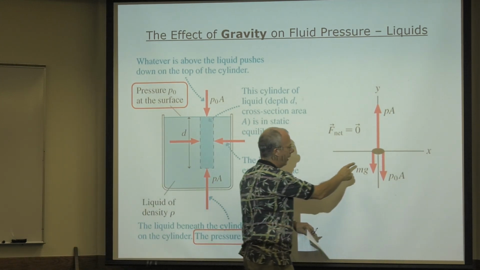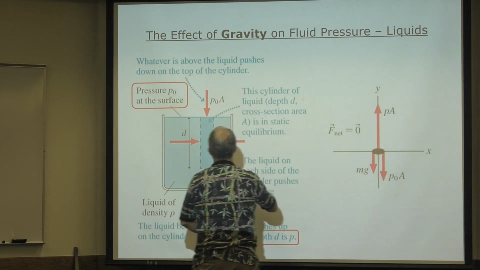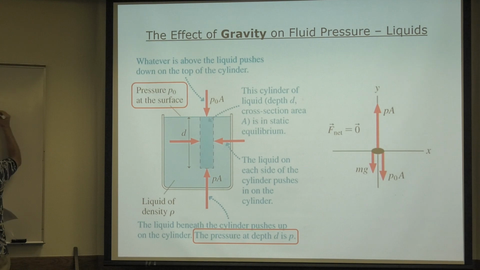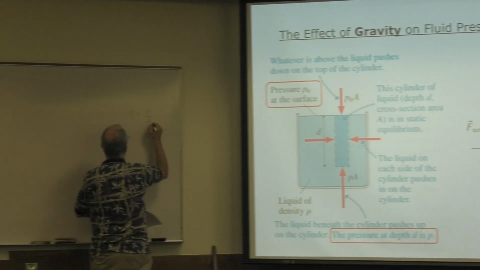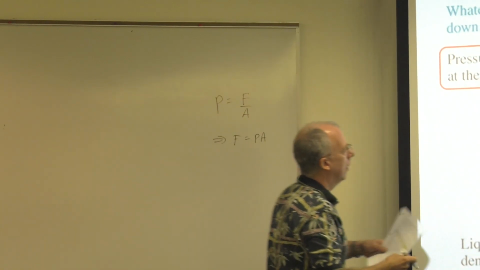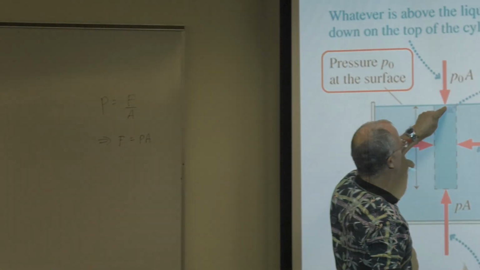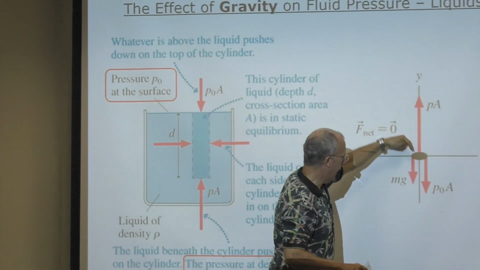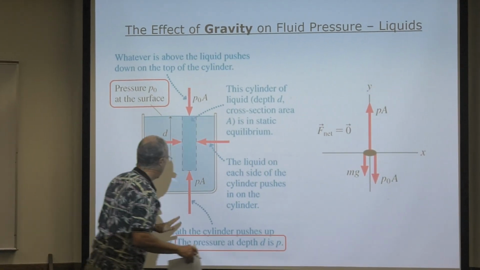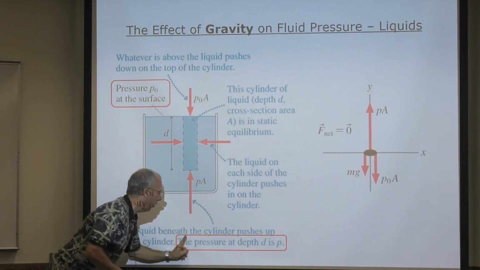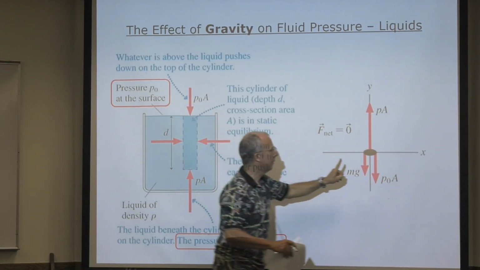Gravity's pulling it down, so there's mg. Remember, pressure is force over area, so force is pressure times area. So atmospheric pressure times the cross-sectional area, that's the force, P0A down, right? Then we have this pressure here times the cross-sectional area, so we have a force up. So there it is, okay?